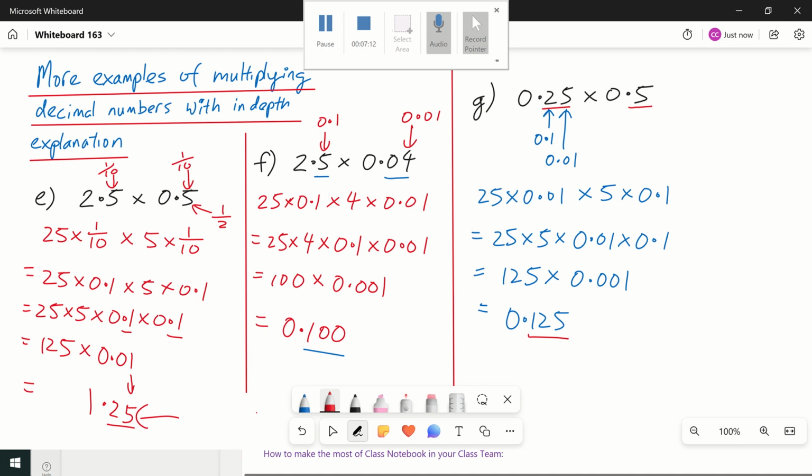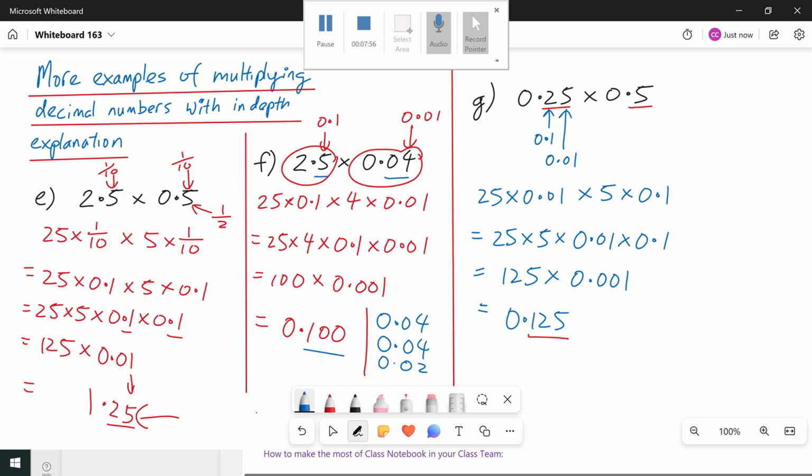Taking a look at question F, they're talking about a number that is 2.5 times larger than 0.04. That's literally the same as saying, I've got 0.04, there's one of them, and a second one of them is 0.04, and half of 0.04 is 0.02.